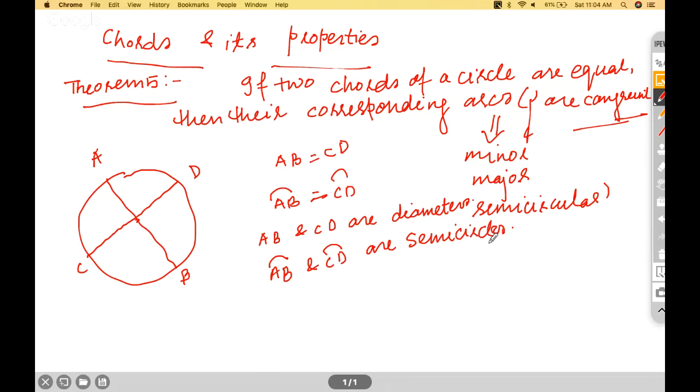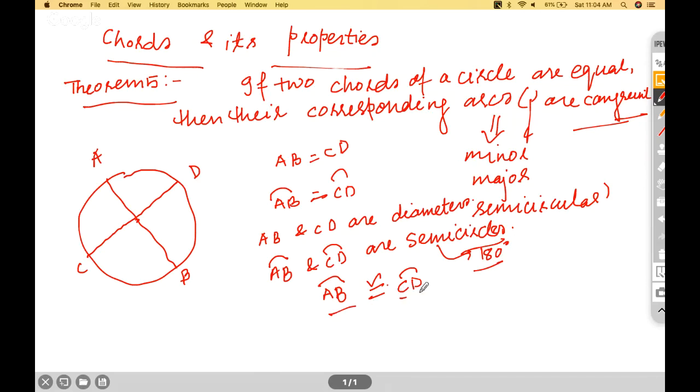If they are semicircles, they are making a 180-degree angle.